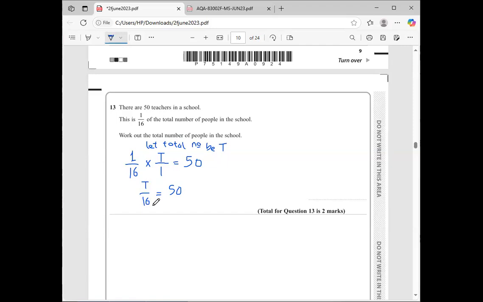So therefore, T would be equal to 50 times 16, which you can use your calculator to crunch. 800, right? Yes. Okay. So let's just put the number here. 800. Nice.